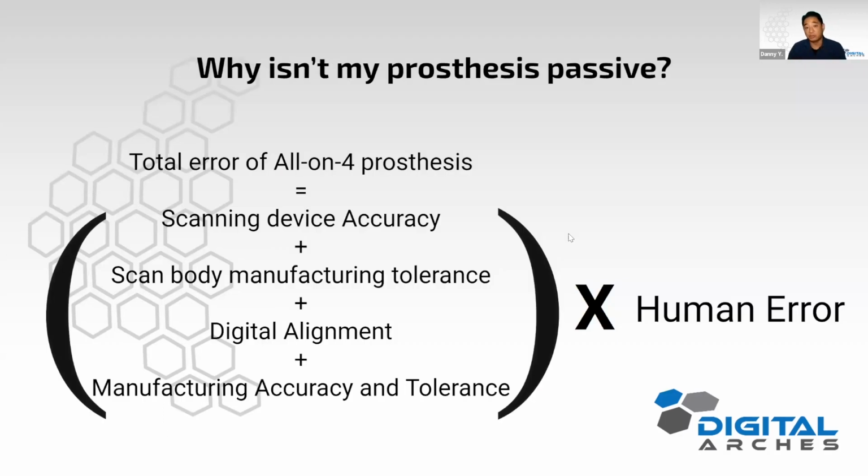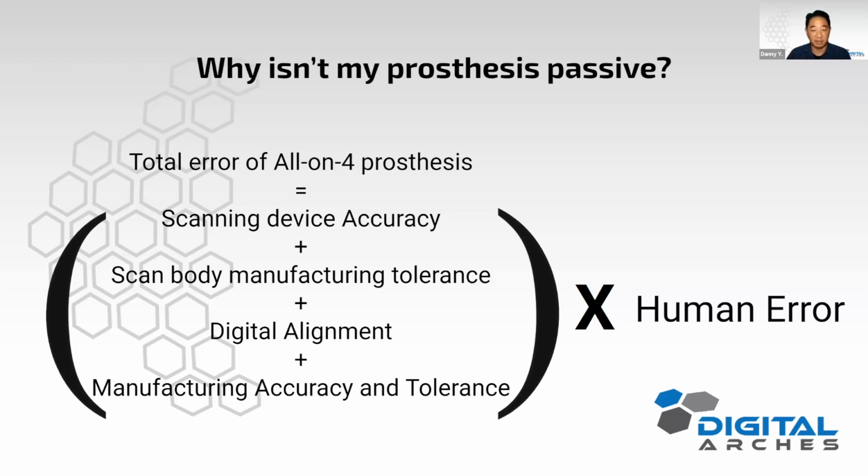But it's also important to understand that the scanning, the record of the implant positions, is not going to be the only thing that determines how passive your prosthesis is. You can't just say, I'm using a perfect way to capture those implant positions, so my prosthesis will always be passive.